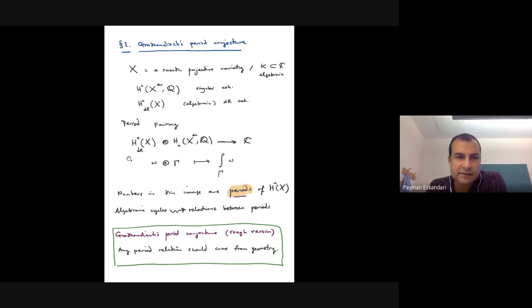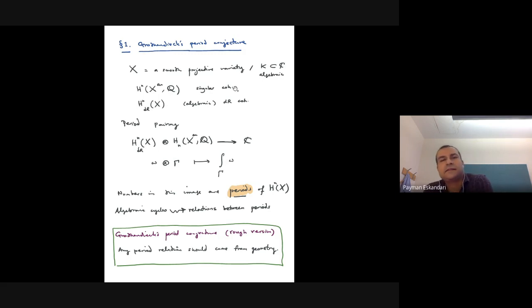Intuitively, roughly speaking, this algebraic de Rham cohomology is just a space of closed algebraic differential n-forms. For those not so familiar with algebraic de Rham cohomology, this is a restriction of the classical integration pairing between smooth de Rham cohomology and singular homology.